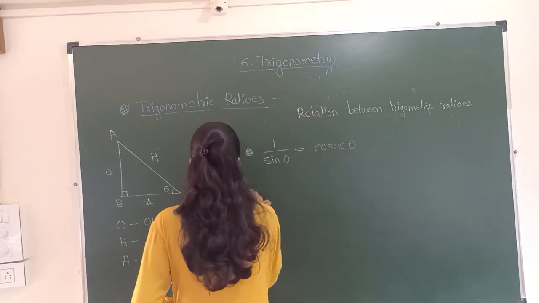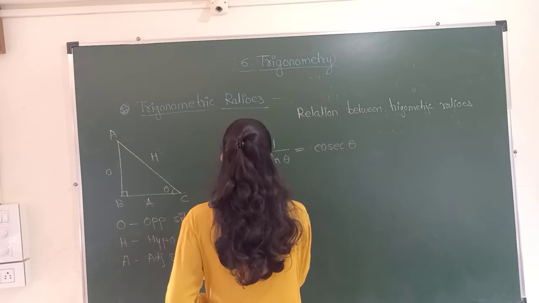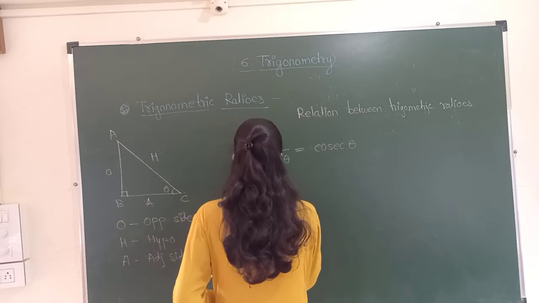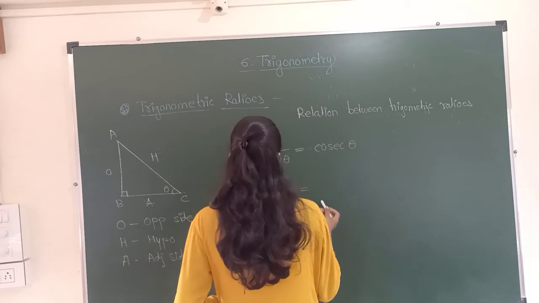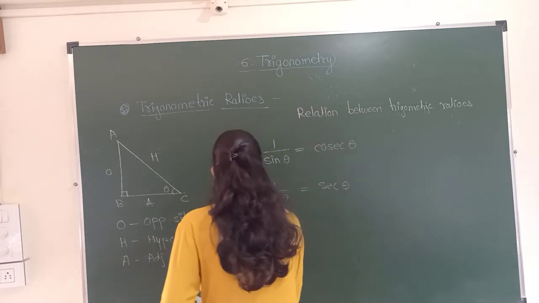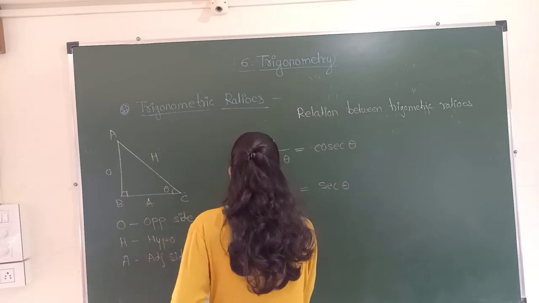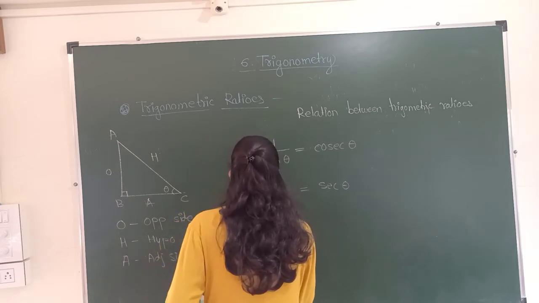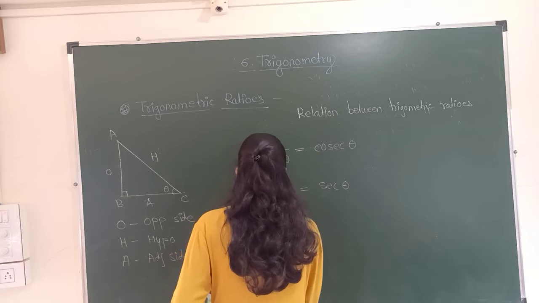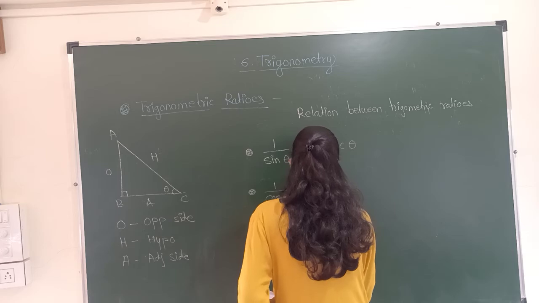Next, 1 upon cos theta is equal to, the multiplicative inverse of cos is sec, so sec theta. Last, 1 upon tan theta, the multiplicative inverse of tan is cot, so it is cot theta.